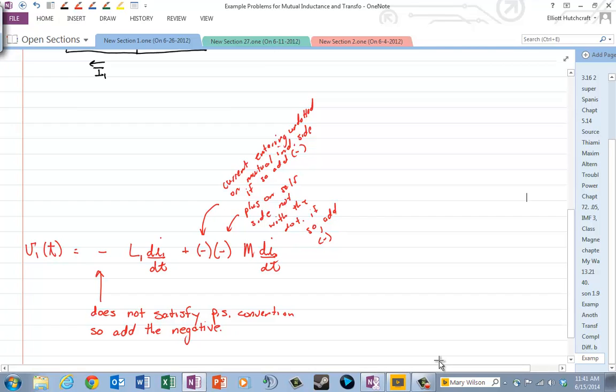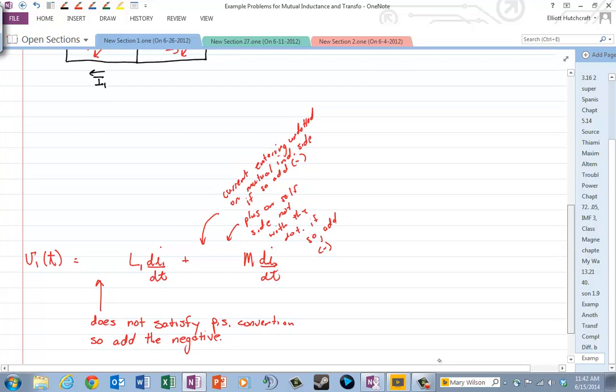Is the current entering the undotted terminal on the mutual inductance side? If it is, then add a negative sign. Is the plus on the self side with the dot or is it without the dot? So these are all the things we have to determine here for the mutual inductance terms.